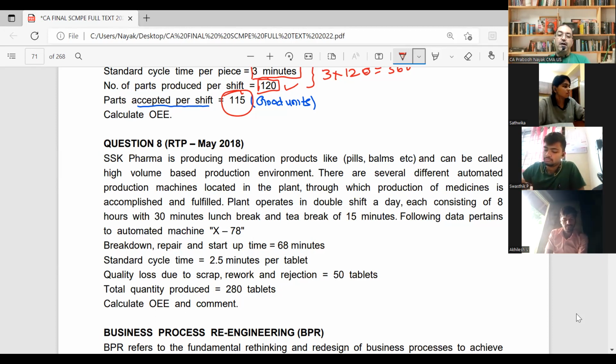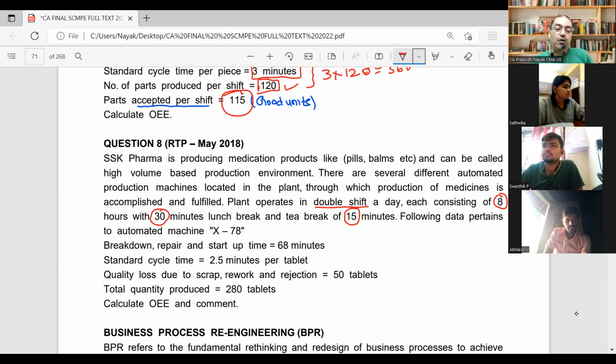There are several automated production machines located in the plant through which the production of medicines is accomplished. Plant operates in double shift a day, each consisting of 8 hours with 30 minutes lunch break and tea break of 15 minutes.